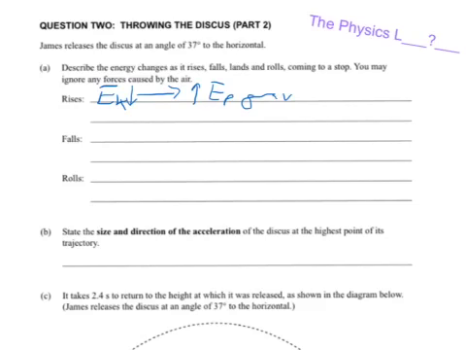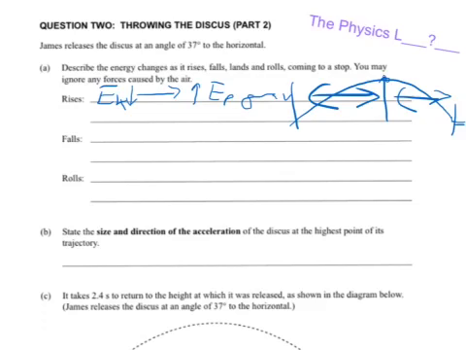As it falls, so this is after the peak, so maybe it's helpful to consider this. So this is the rising section here, then we've got the falling section and the rolling section as it goes off after there. But at the peak, vertically, you've got just the horizontal kinetic energy from the horizontal movement, but you'll have the maximum gravitational potential energy.